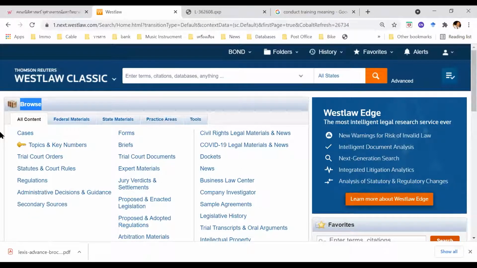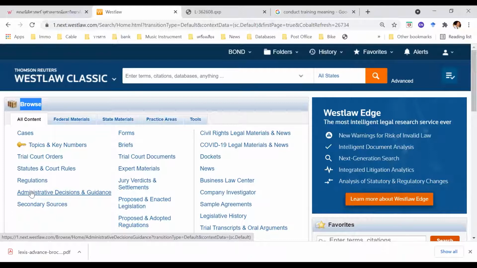And another one, I told you earlier, the secondary source. The secondary source helps when it is difficult to understand the case law, the institution, or the regulation mentioned. It is too difficult.